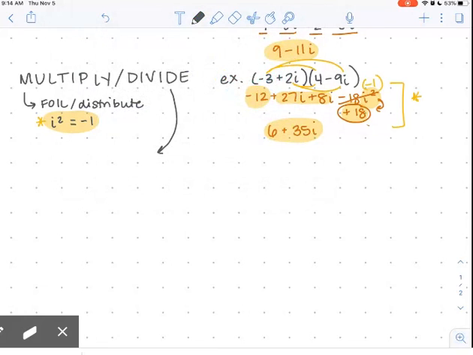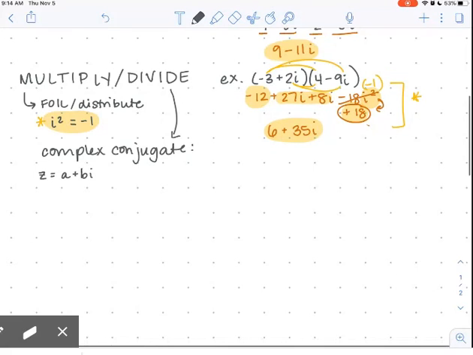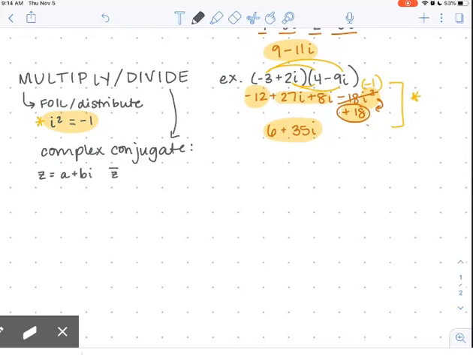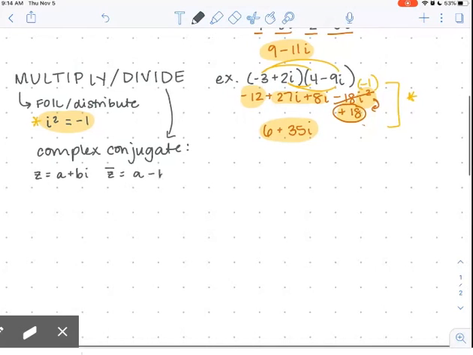You will want to know that vocabulary of the complex conjugate or just the conjugate. And so if we have our imaginary number z equals a plus bi, the complex conjugate, which is the math notation is z with a line over it, would be a minus bi.